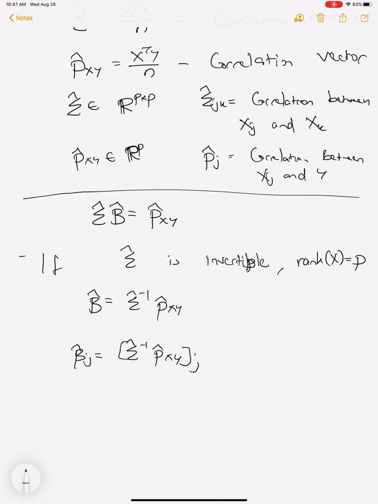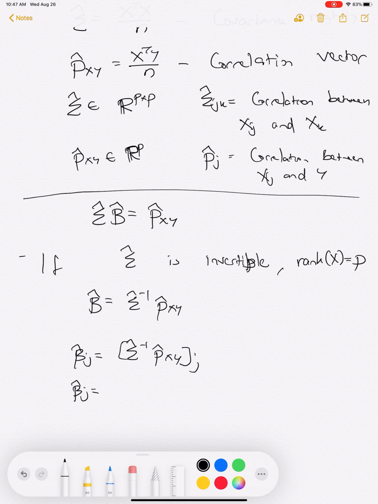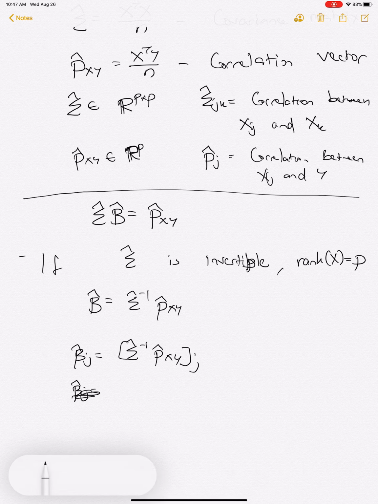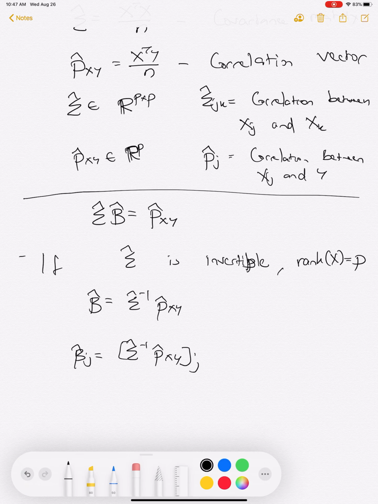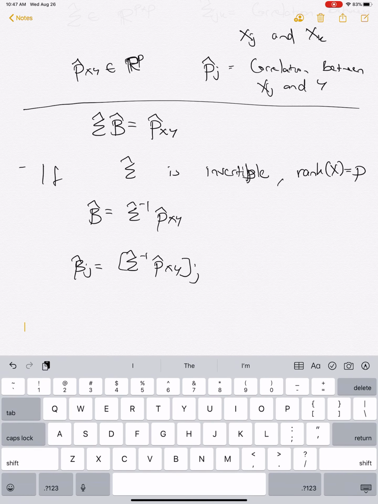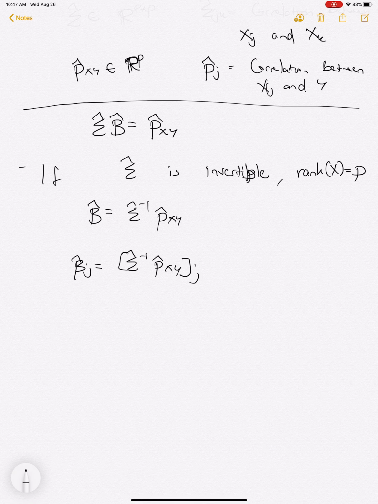There is another way to interpret this, but I think that's a little too much to get into today. We'll come back to that later. Okay, so this is how we'd interpret this, and now let's revisit something we focused on in the bivariate case.